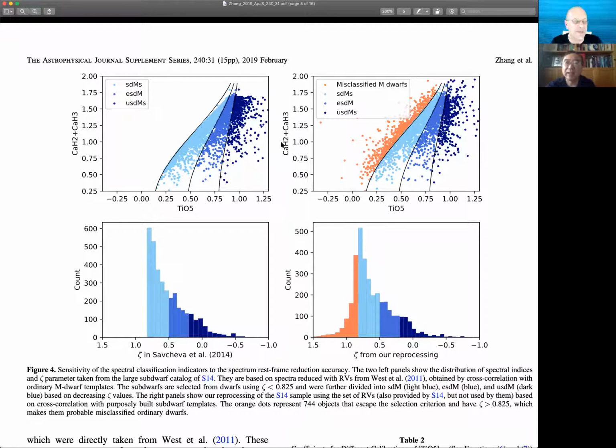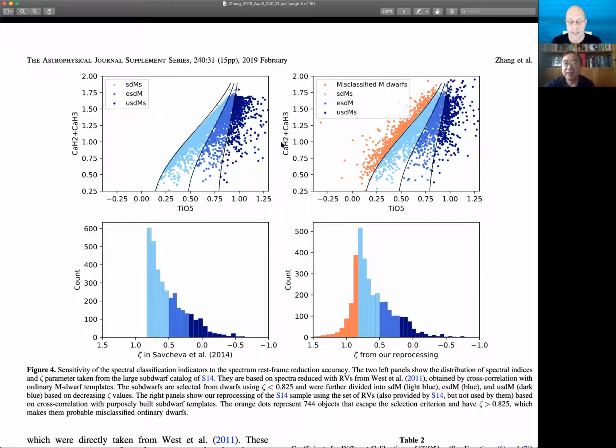And then Lépine got another one, ultra subdwarf, using this line. So that's a good criteria, and they defined a metallicity index called zeta, which means the ratio of calcium hydrides and titanium oxide.